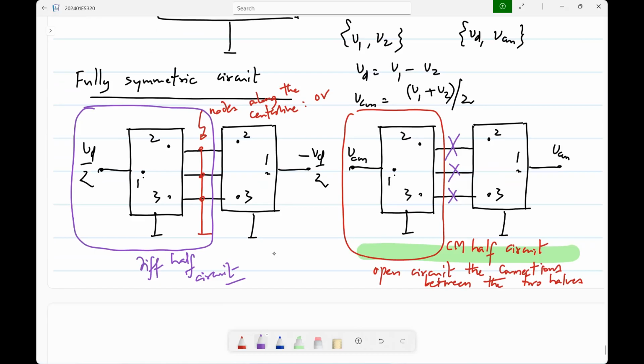Okay, you know how it behaves for differential signals, which is the desired functionality, and how it behaves for common mode signals. So this is how we typically go about doing it. And usually this differential half circuit will correspond to some other single-ended circuit that you already know, like a common source amplifier and so on. Okay.